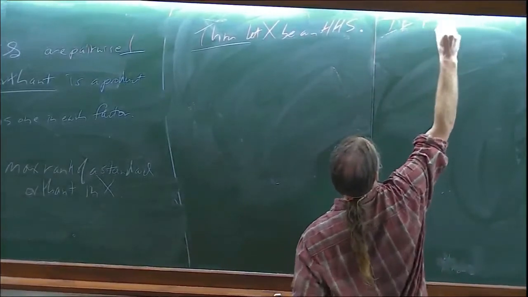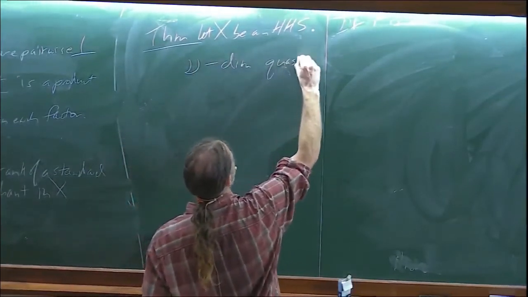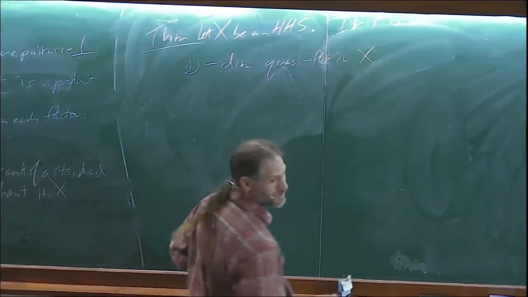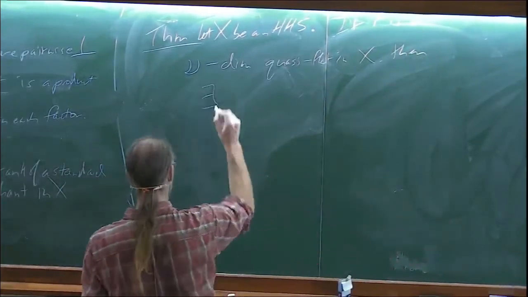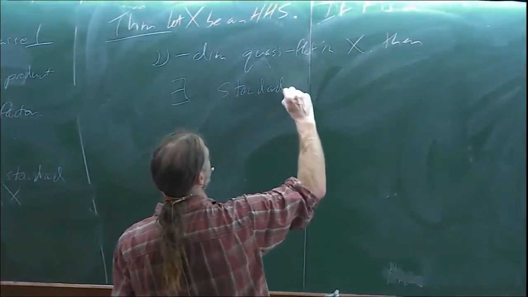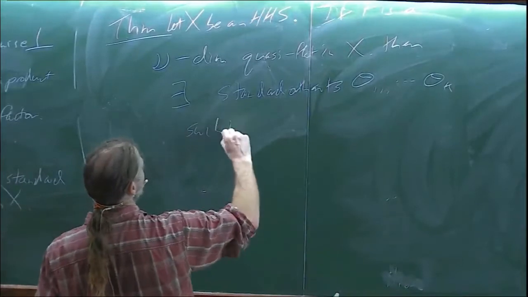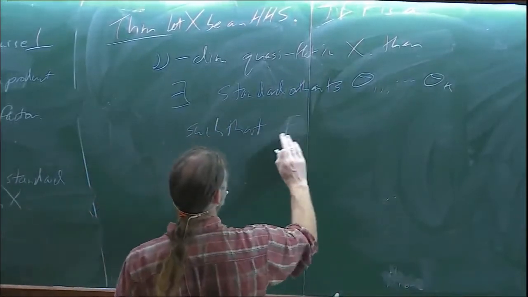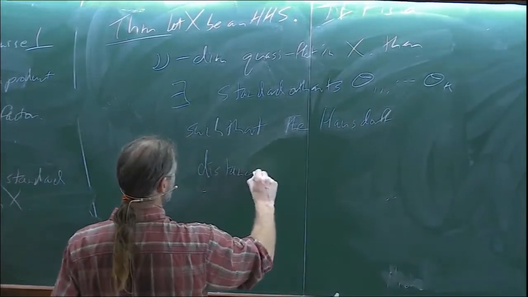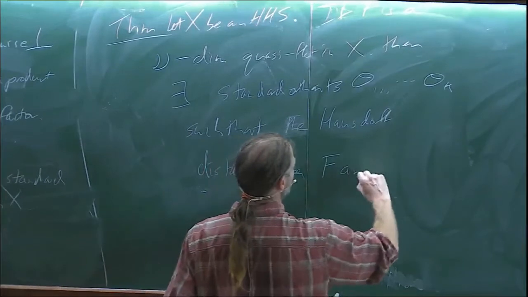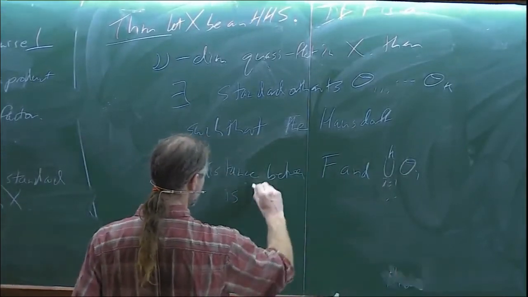If F is a top dimensional quasi-flat in X, then there exist standard orthants O1 to OK such that the Hausdorff distance between F and the union from i equals 1 to K of these Oi is uniformly bounded.